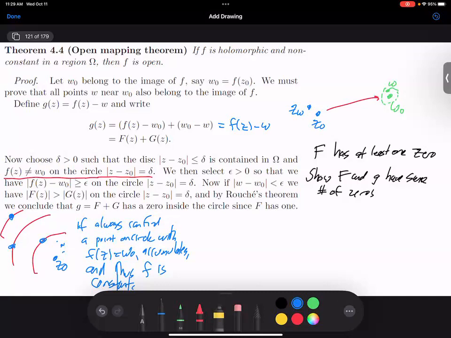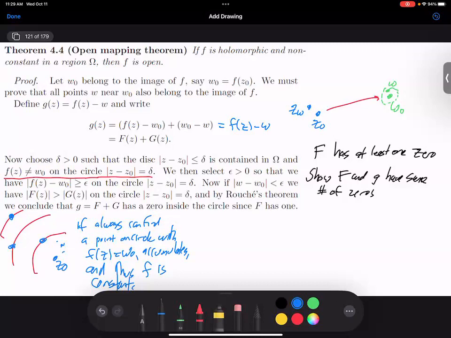And so let's choose an epsilon so that we're going to look at all the points W minus W naught less than epsilon. We want f of z to be strictly greater than g of z on the circle. Okay, is that always going to be possible? Why?